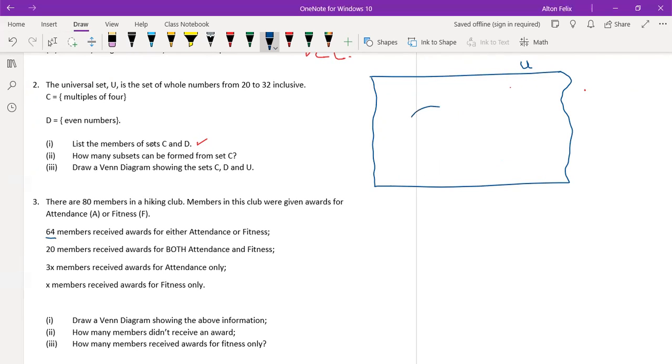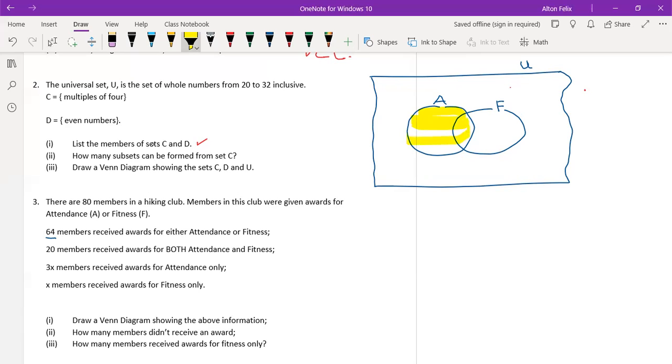So let's represent those who got awards for attendance as the set A, those who got awards for fitness represented by the set F. Now, just to make that point, the 64 here will represent this total number within both sets.